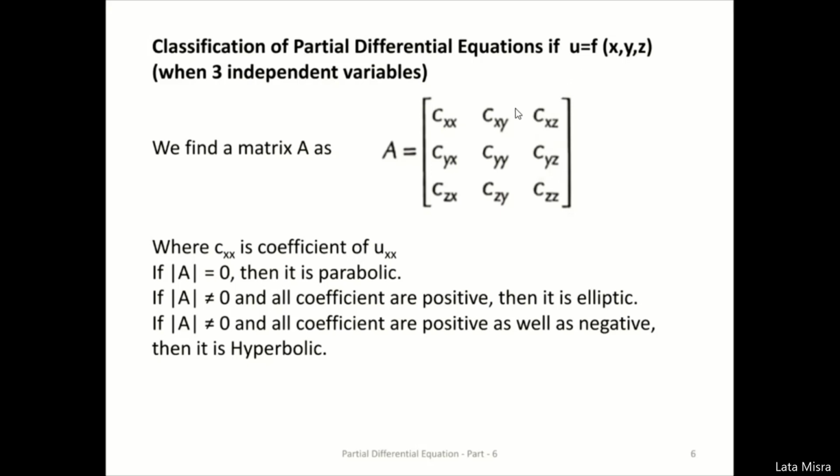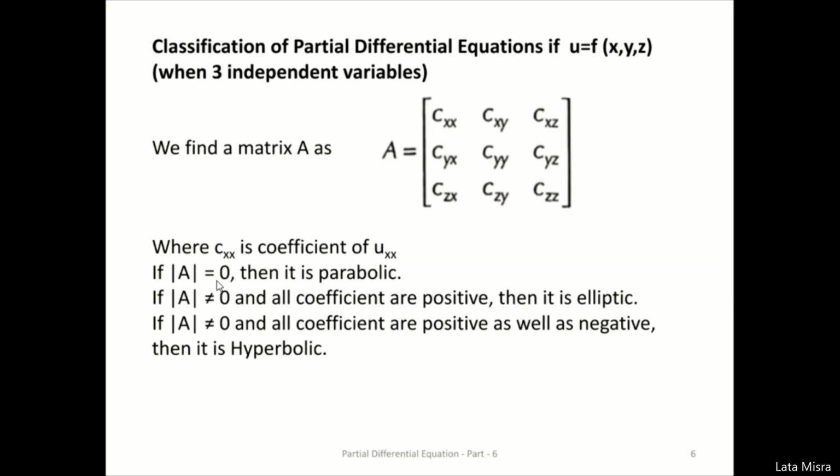We write the coefficient matrix as A equals cxx, cxy, cxz, where cxx is the coefficient of del 2u upon del x square, cxy is the coefficient of del 2u upon del x del y, cxz is the coefficient of del 2u upon del x del z. Similarly, we find the other coefficients and write the coefficient matrix, and we find the determinant of this matrix.